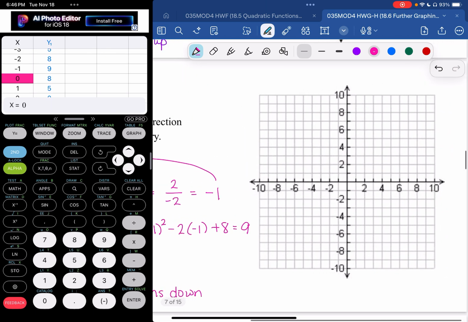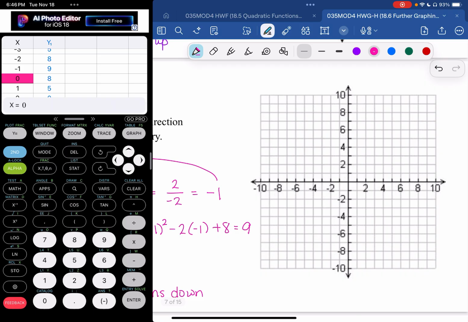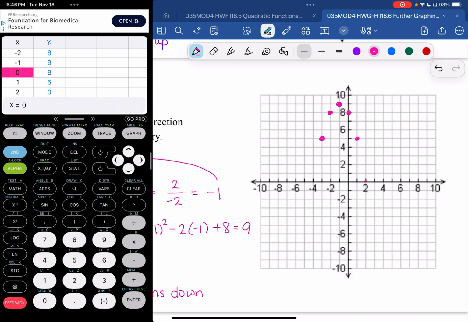So I can come over here now and I can graph these. So negative 1, 9, 0, 8, negative 2, 8, 5, and that's pretty good. Gives me an idea.